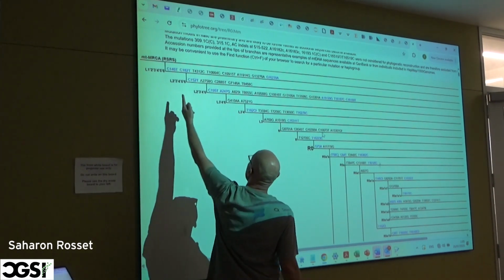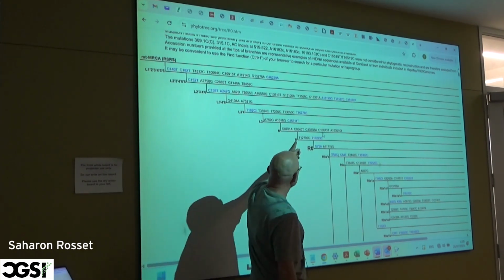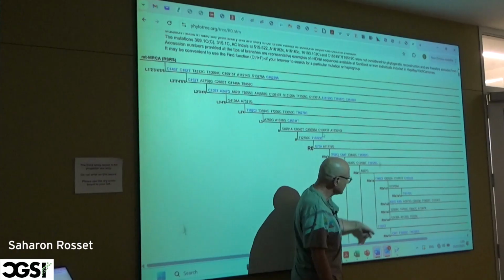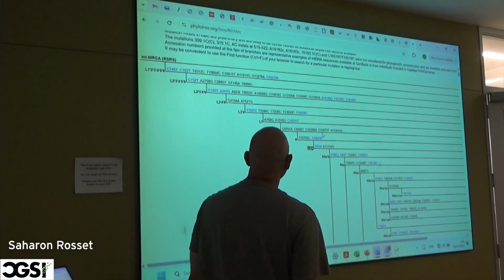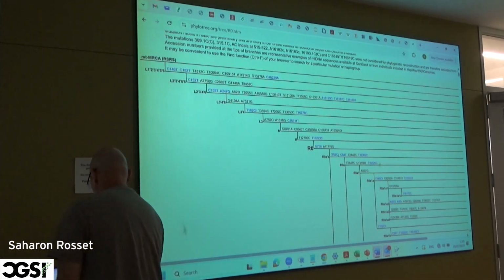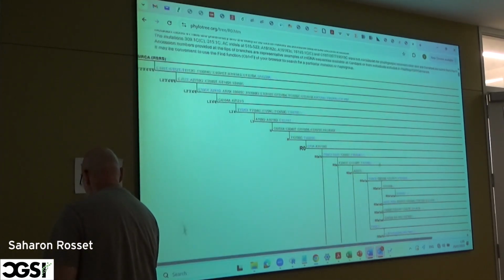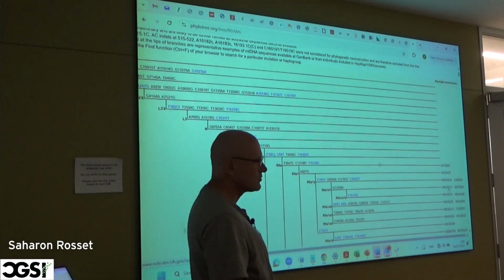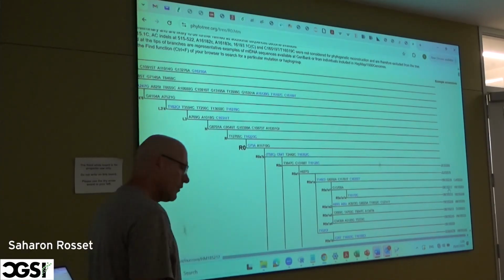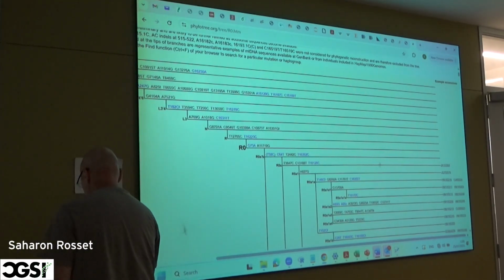So we just see the path from the mitochondrial Eve to this subtree, and then we see the detailed subtree under R0. So if we go all the way to the right, here we see actual samples. So these are actually names of samples on NCBI of mitochondria samples.